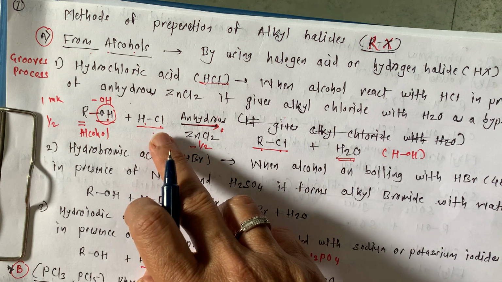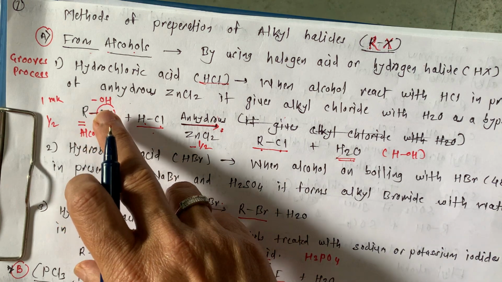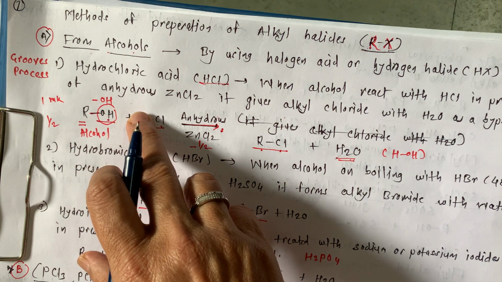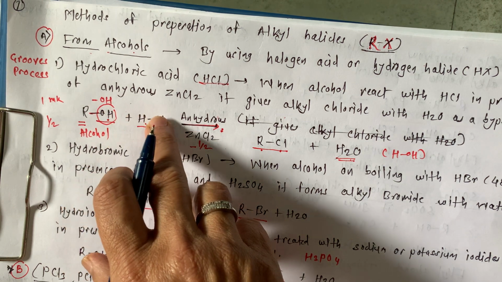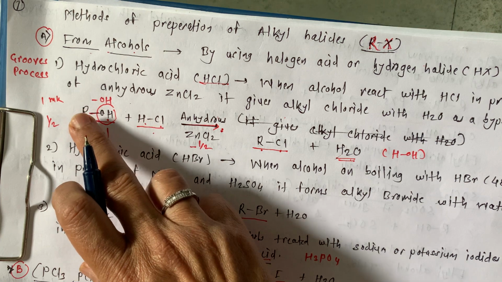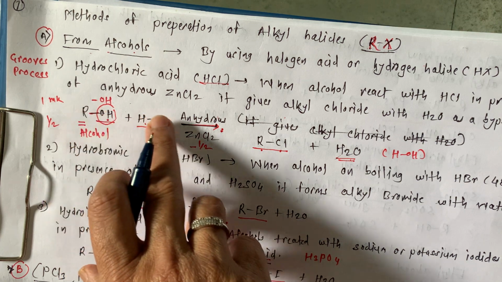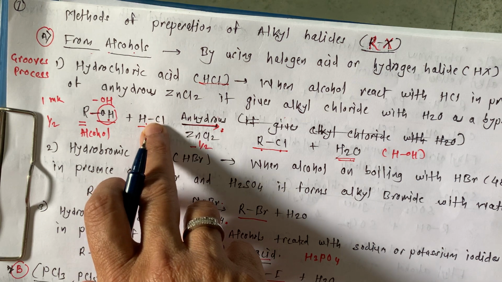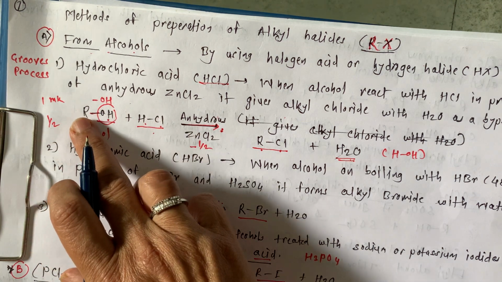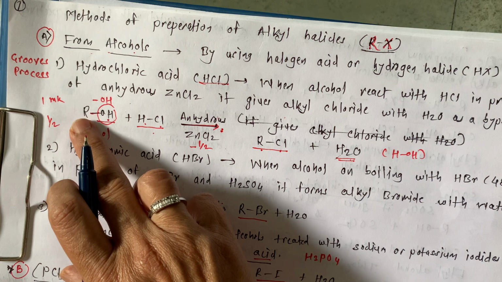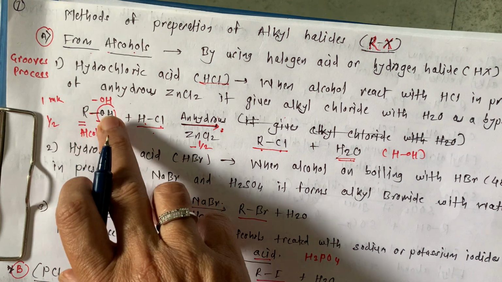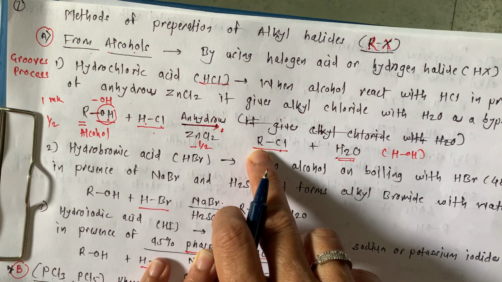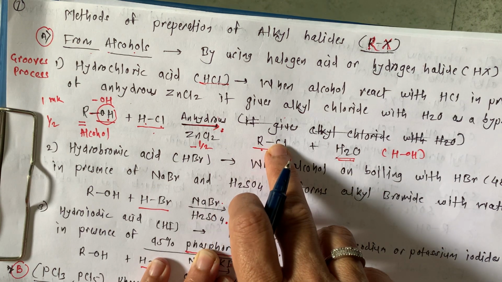Again, there are three types of reaction for alcohols reacting with hydrochloric acid. If it is primary or secondary, then we have to use anhydrous zinc chloride with this HCl. But if it is a tertiary alcohol, if this alkyl group is tertiary, then only concentrated hydrochloric acid can give us alkyl chloride.